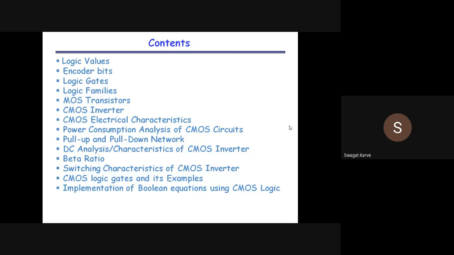As you know, the complementary MOS transistor, that is CMOS, is made up of a PMOS as well as NMOS.